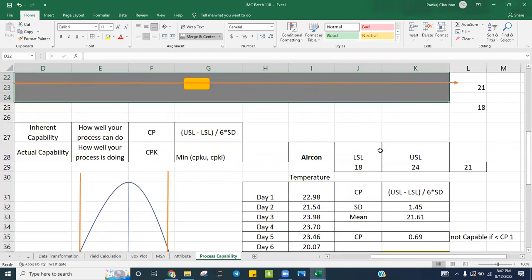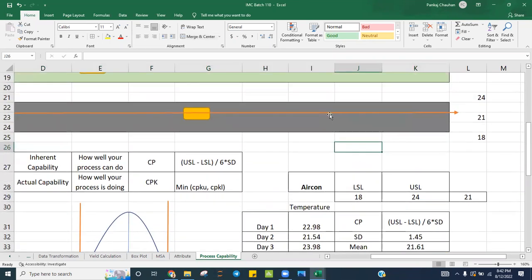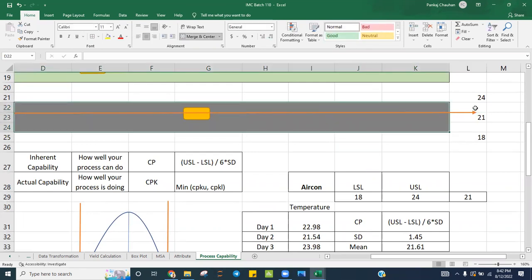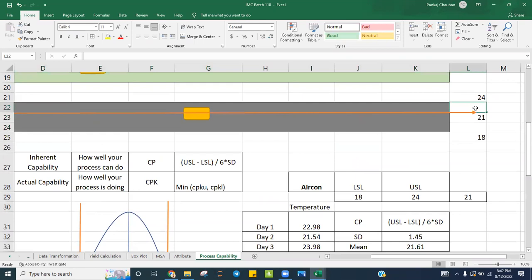Yes. So what it says here, as I was telling, you see this, you are performing on the upper side of the line. If you see this orange line, this is your upper side and lower side. So there is a high chance that on the upper side, you may skip compared to the lower side because you are driving on the upper side of the road.